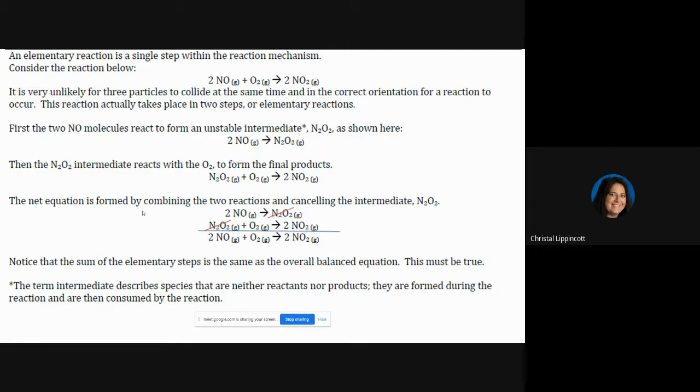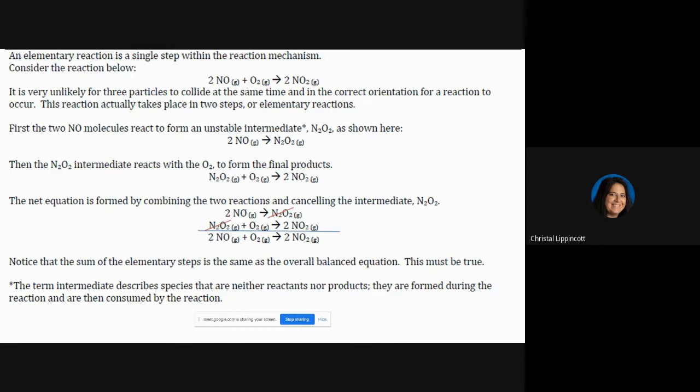And then we're going to bring in what we just did, where we talked about which steps are slow and which ones are the rate determining steps. So if we look at the two elementary steps of this reaction, we have this step and this step.